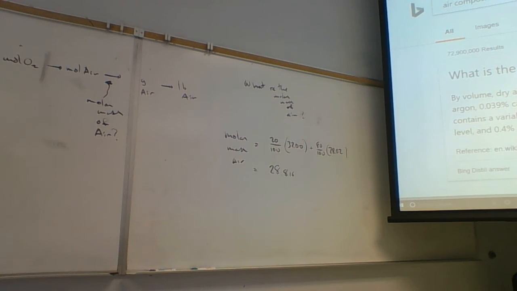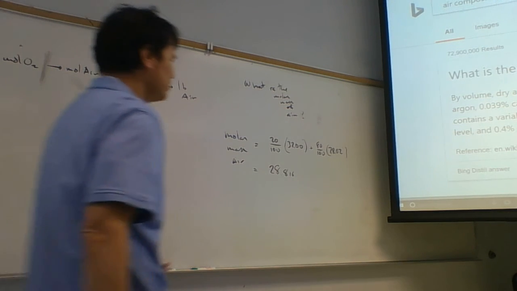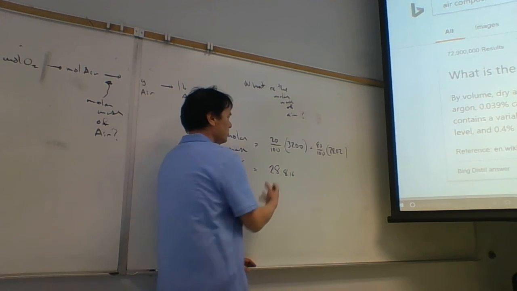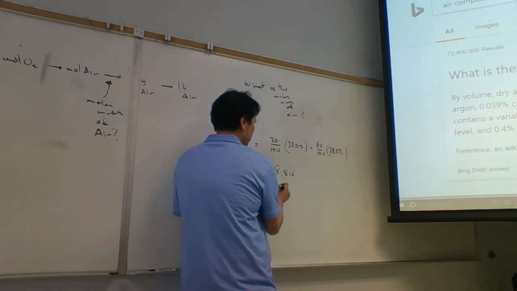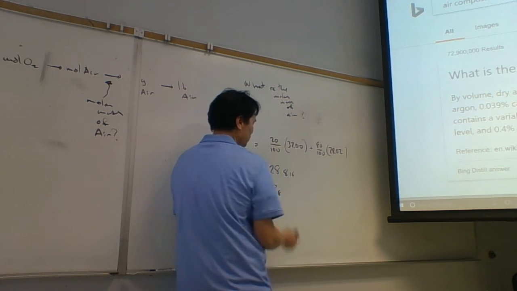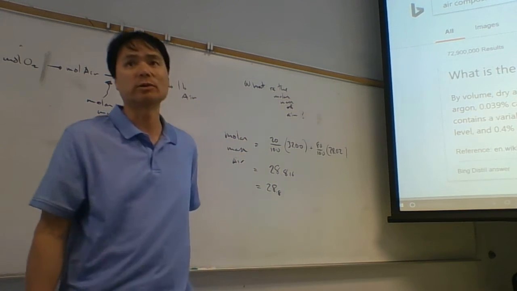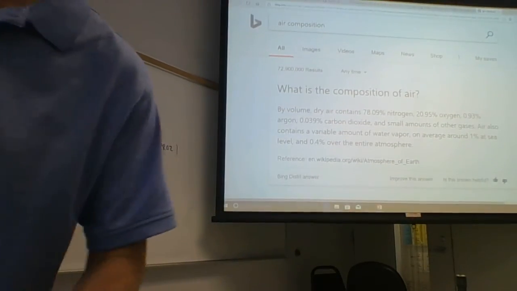Now, are my percentages very accurate, would you say? This would be way too many sig figs. So I'm just going to go with about 2 sig figs. So we'll just call it 28.8. I don't want to round to 29. Maybe I should round it to 29. I don't know. But that's with this composition.